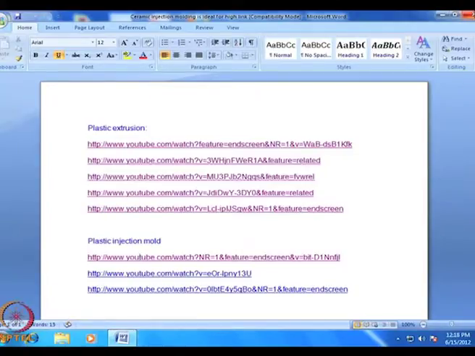Well, that was the first part of how an injection molding machine works, which is almost not different from the extrusion one. Now, let us look at the second one.